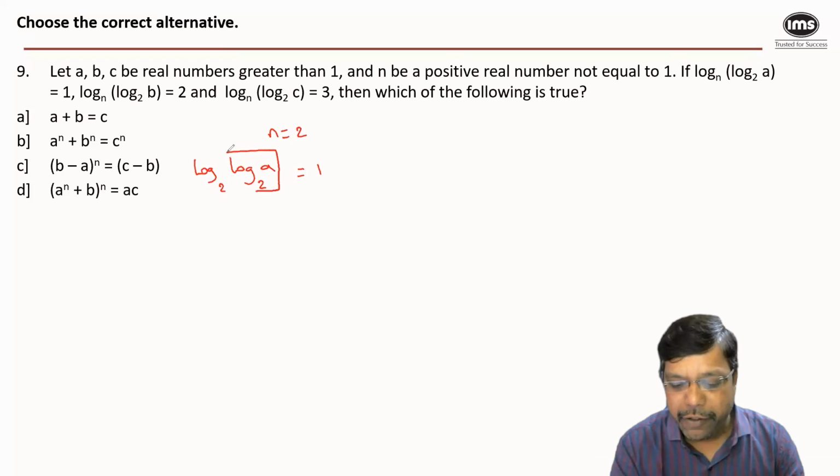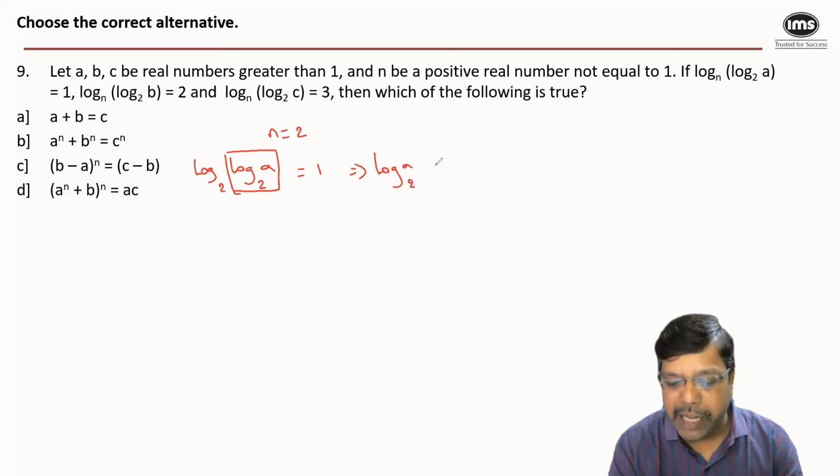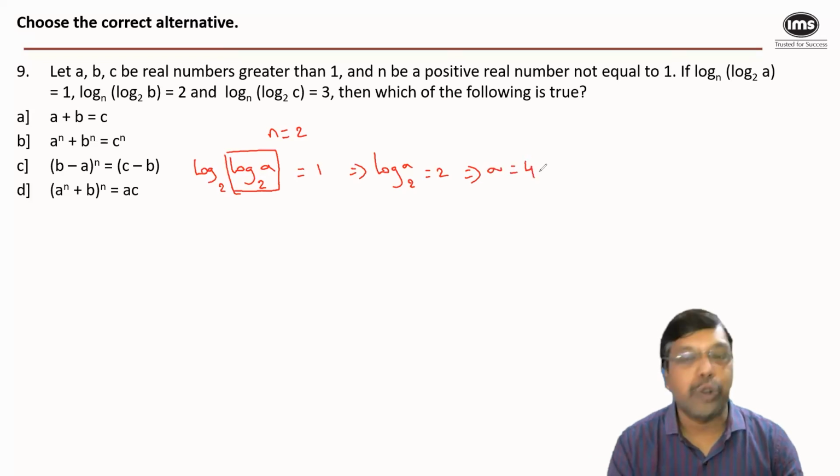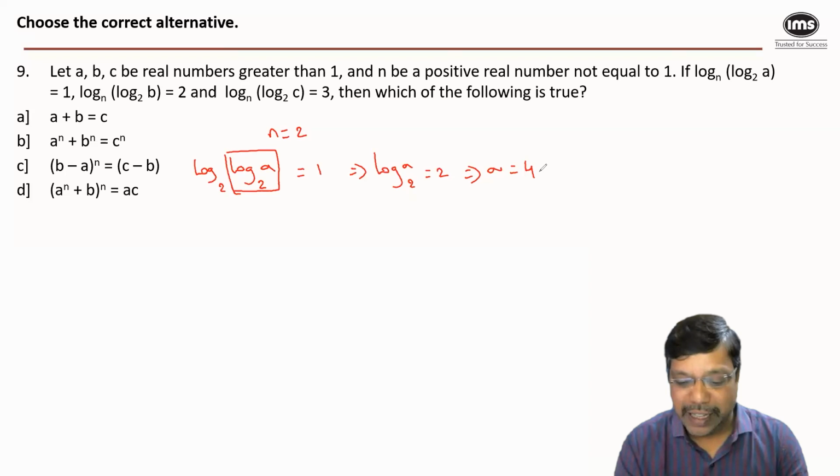So by definition of logarithm, I can say log a base 2 is equal to 2. By applying the same definition, I get a is equal to 2 square, 4.